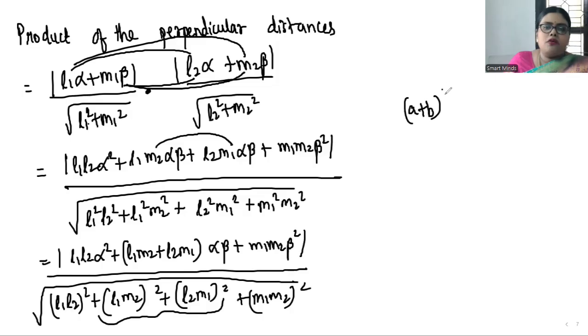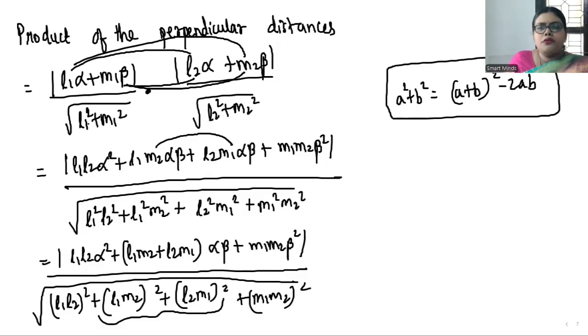A square plus B square can be written as A plus B whole square minus 2AB. This formula I am going to use in the next step. And in the numerator, I will substitute the values. We have the L1 L2 value. We have the L1 M2 plus L2 M1 value. We have the M1 M2 value. I am substituting for the numerator part.